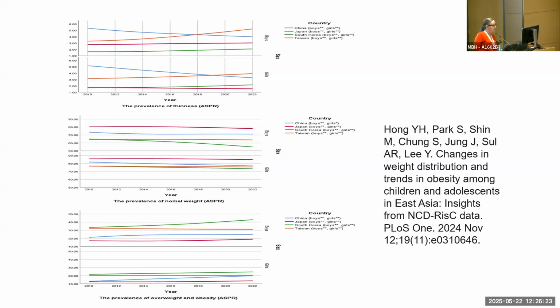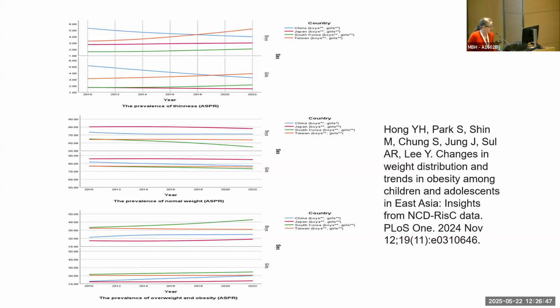So the top one, I believe, is the prevalence of thinness, normal weight, and overweight and obesity. In Japan, you really have to combine overweight and obesity because the numbers are small for obesity alone. And you can see that the red at the bottom is Japan.